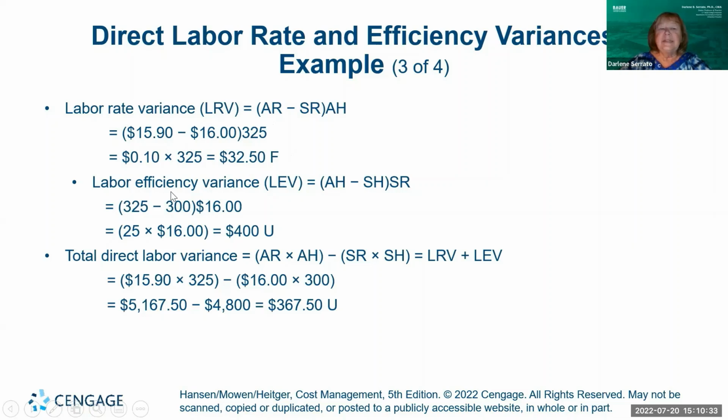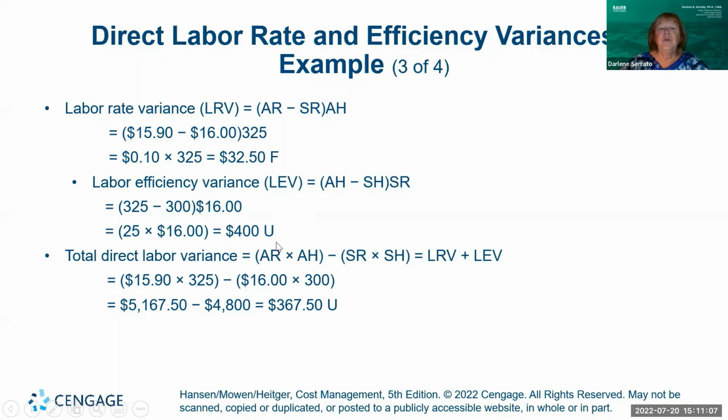For the labor efficiency, actual hours were 325. We should have used 300 hours times the standard rate, which gives us a $400 unfavorable variance. We went over by 25 hours. So the total variance is going to be $367.50 unfavorable.